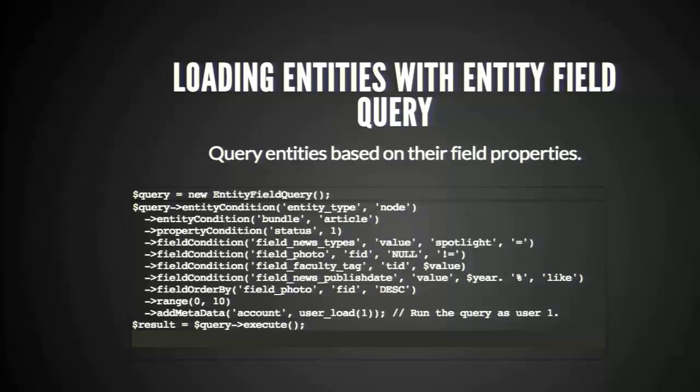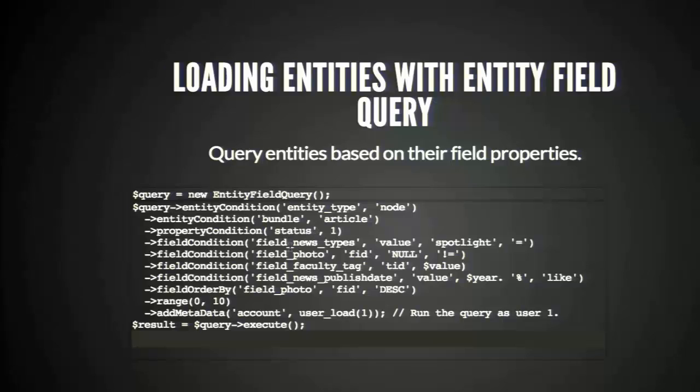It looks confusing at first, but basically what this is saying is, I want to load an entity type of a node, with the bundle of an article, with a status of 1, which is basically saying it's published. And then here's field conditions.